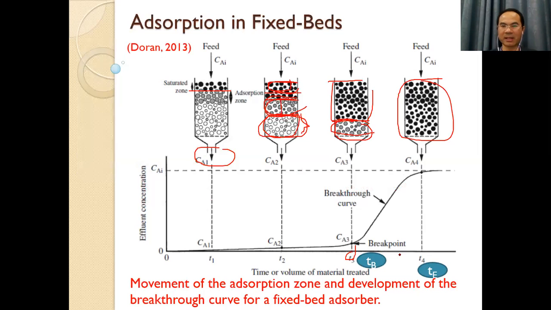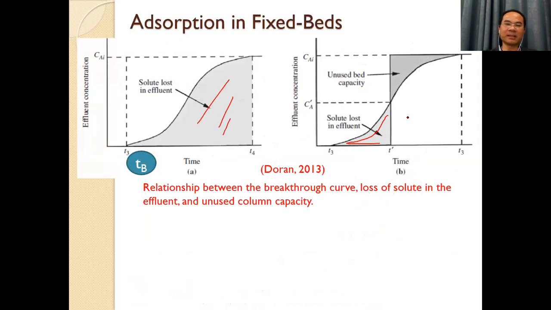This is no adsorption. Okay, we can stop before T4. In this case, you can save solute, and there is some unused adsorbent. This is the unused adsorbent. This is the phenomenon of adsorption in the figure.